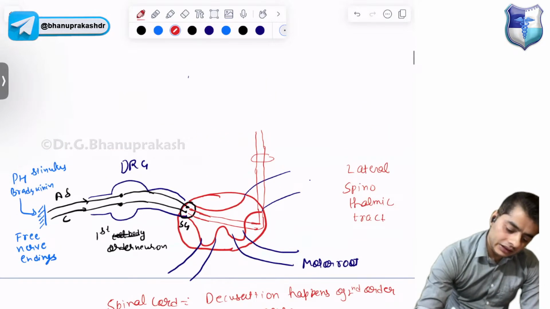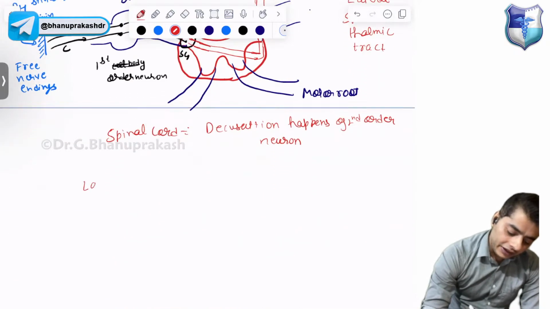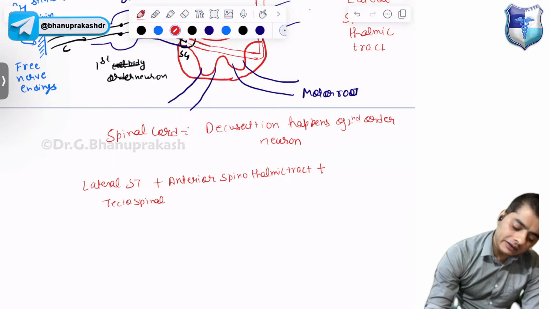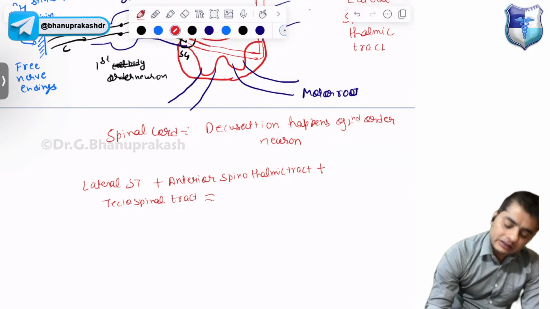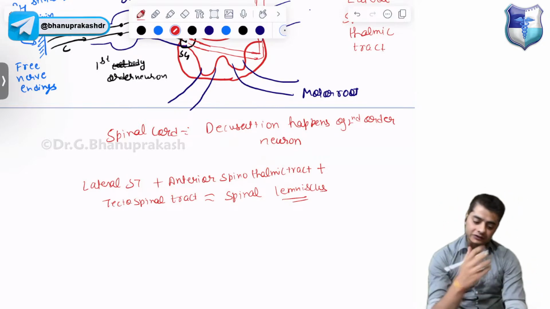When they move upward, these lateral spinothalamic tract plus the anterior spinothalamic tract and another tract known as tectospinal tract, combined, are known as spinal lemniscus. What are they known as? They are known as spinal lemniscus.